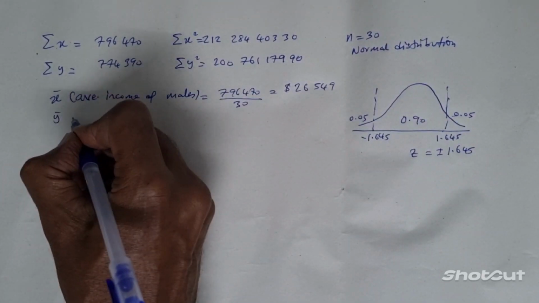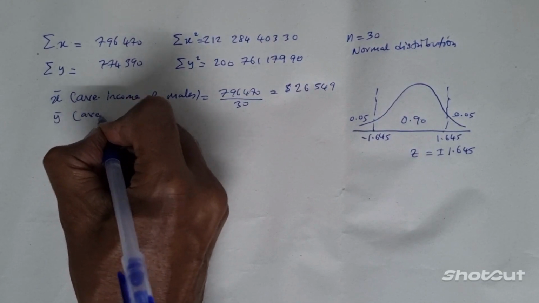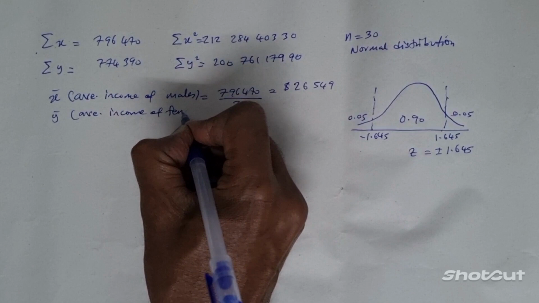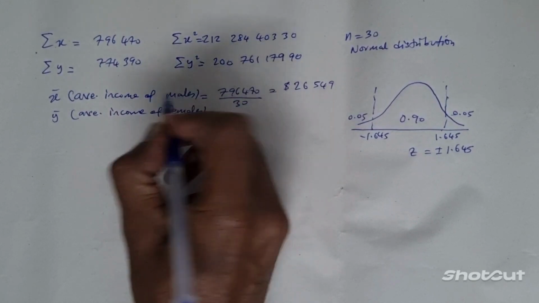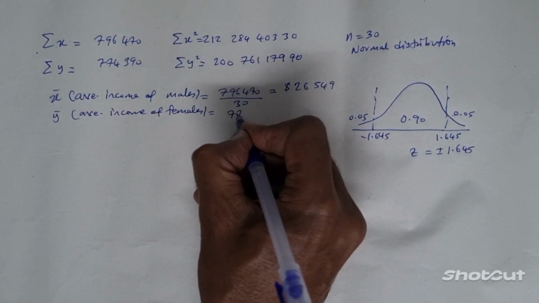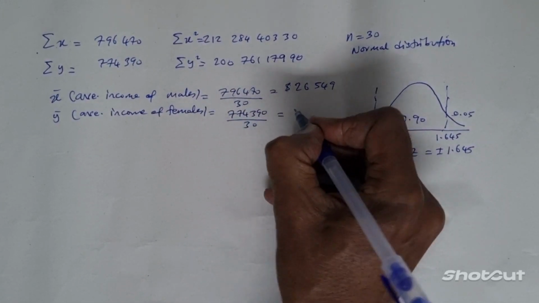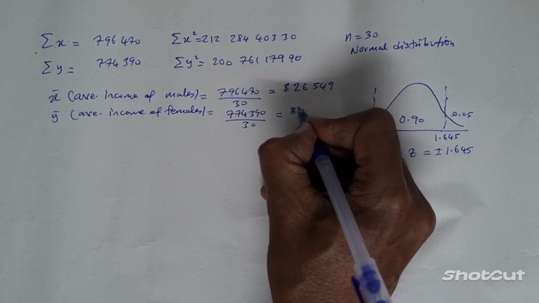And same goes for the average income of females, which is summation of Y, 774,390, all of that over 30 comes to 25,813.